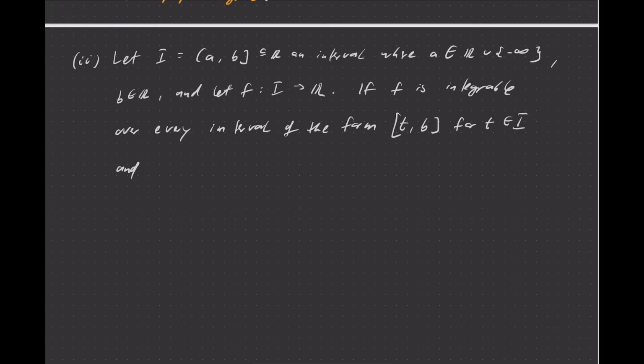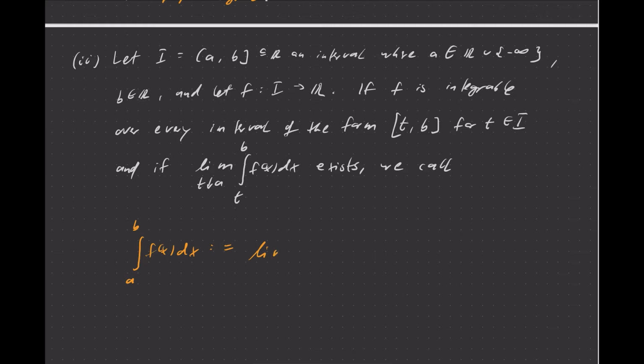So, if that limit of t to a, this time from above, of the integral from t to b, f of x dx, exists, we call this integral, again denoted by integral from a to b, f of x dx, and defined as precisely this limit here.